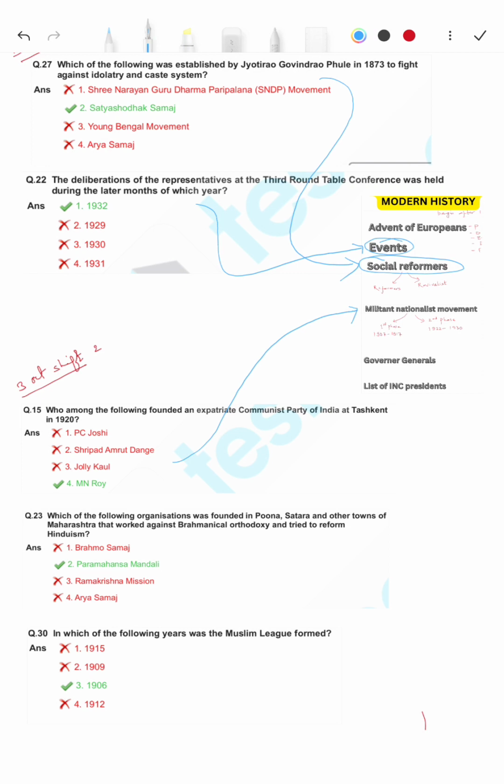Question number 23: which of the following organizations was founded in Pune, Satara and other towns of Maharashtra that worked against Brahmanical orthodoxy and tried to reform Hinduism? This is framed based on social reformers. And question number 30: in which year was the Muslim League formed? This was also framed based on events.